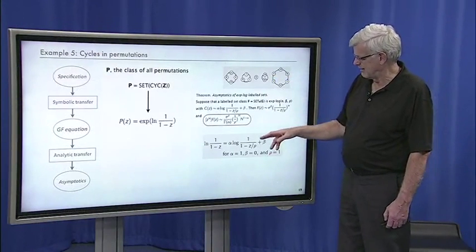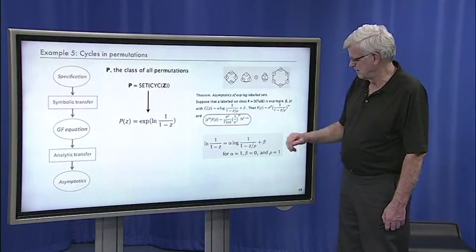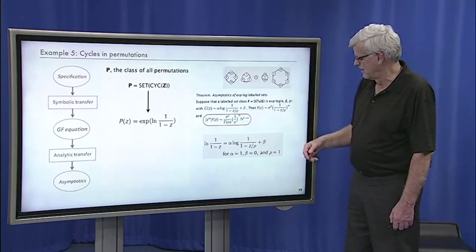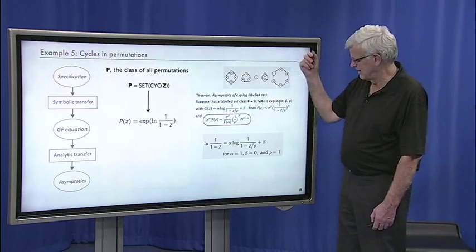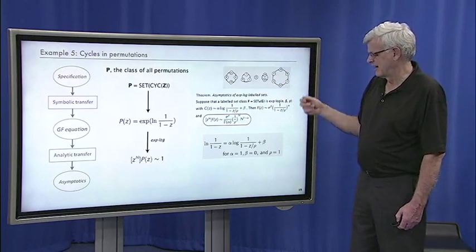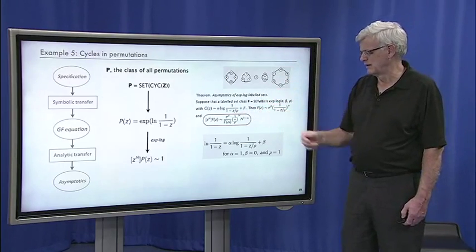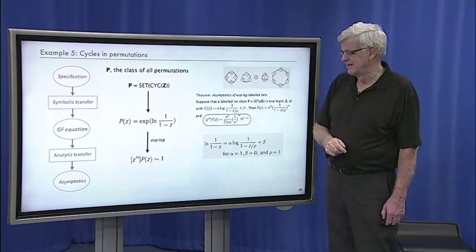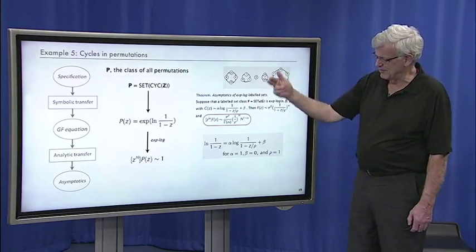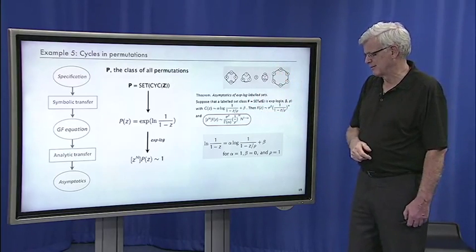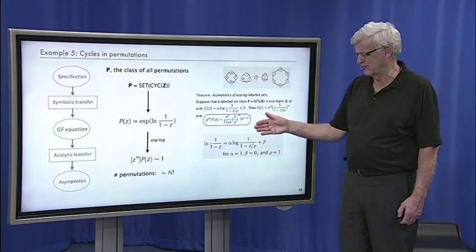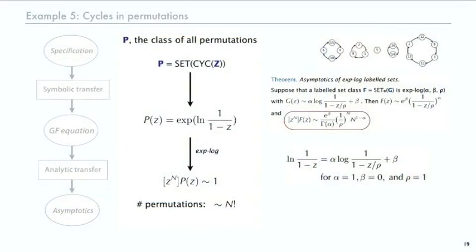So we just plug in: alpha equals 1, gamma of 1 is 1, beta equals 0, so that's a 1, rho equals 1, so it's 1 to the n, and all that's left is 1 from xlog. So the coefficient of z to the n of P(z) is asymptotic to 1, and it's exponential, so the number of permutations is asymptotic to n factorial.